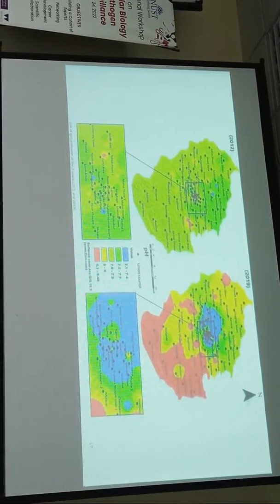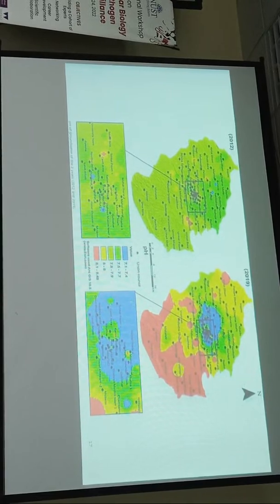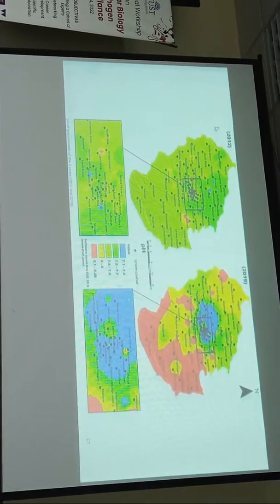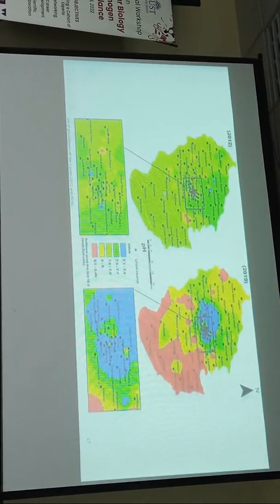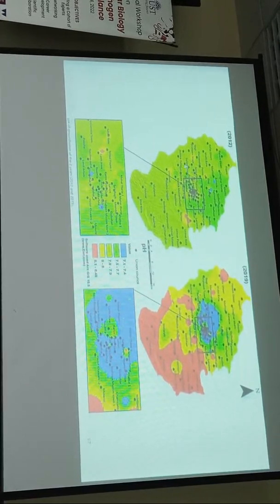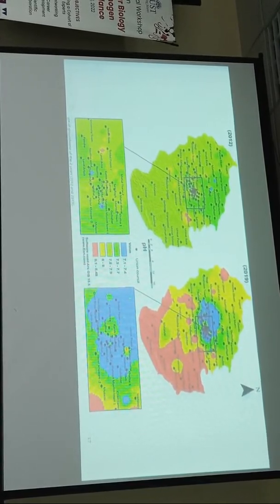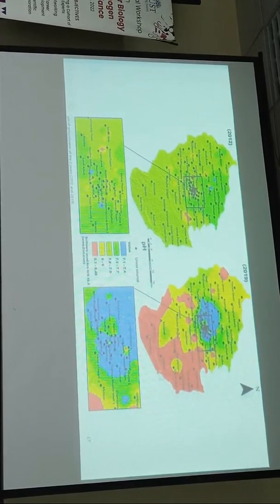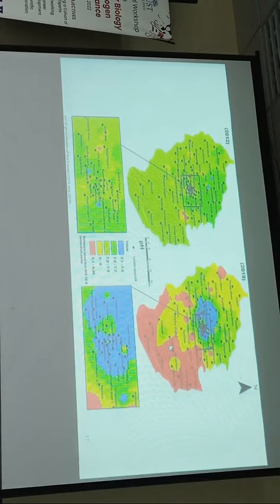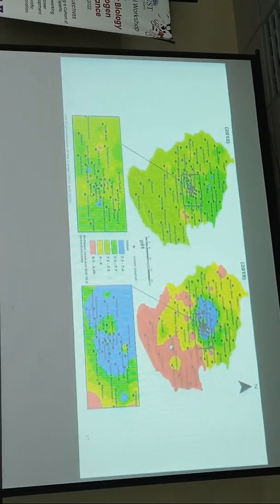So here, let's say, if you look at the pH in 2012, there was not much of an issue in the groundwater pH data, but if you look at 2019, the pH has deteriorated a little bit, showing more than 8.